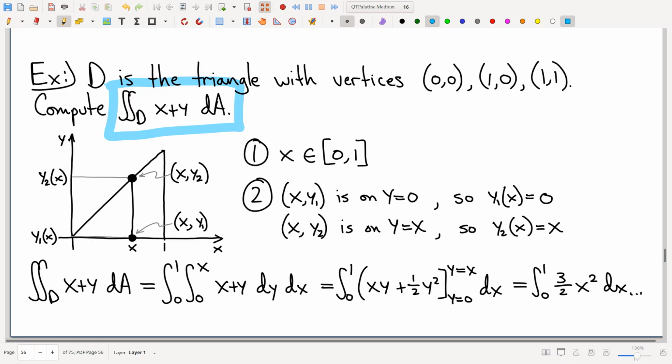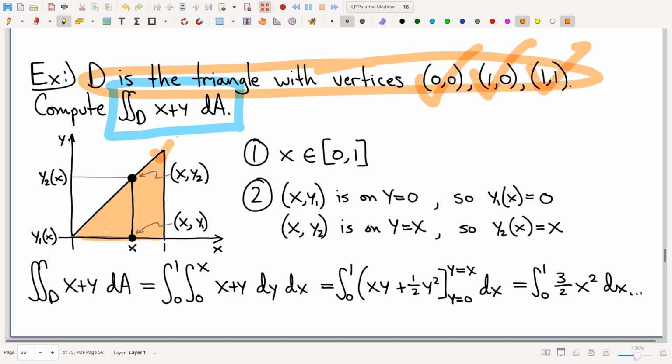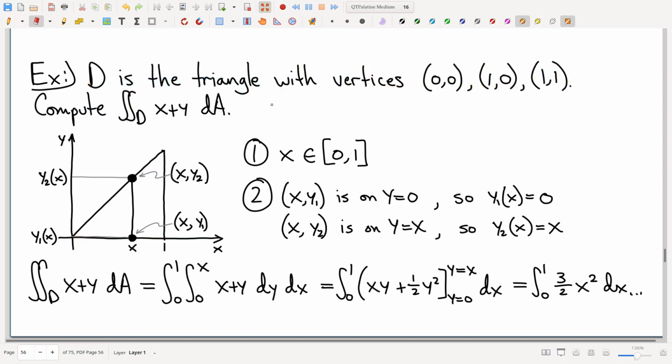Okay. Let's suppose that our domain is this triangle that has these specific vertices, given specific vertices. And now the question is going to be, how do you do phase two? How do I take this domain, namely this triangle, and turn the double integral into an iterated integral?